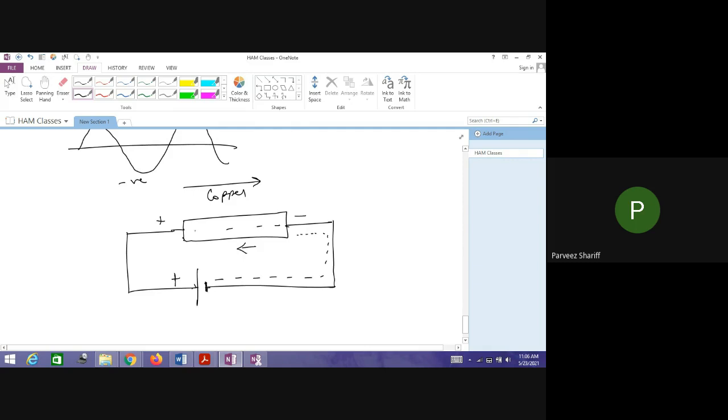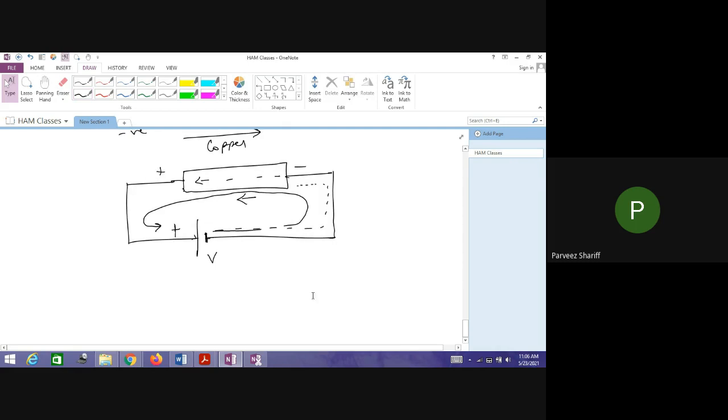Now the electrons start moving in this direction, from right to left, from the negative polarity of the voltage source. Let me give it a name, I call it V. The electrons will travel all the way from the negative terminal through the conductor and reach the positive terminal.